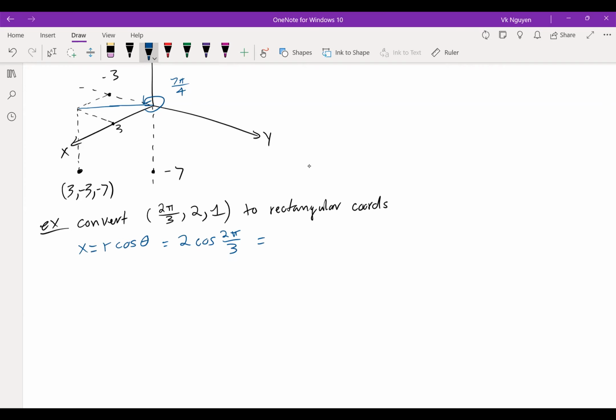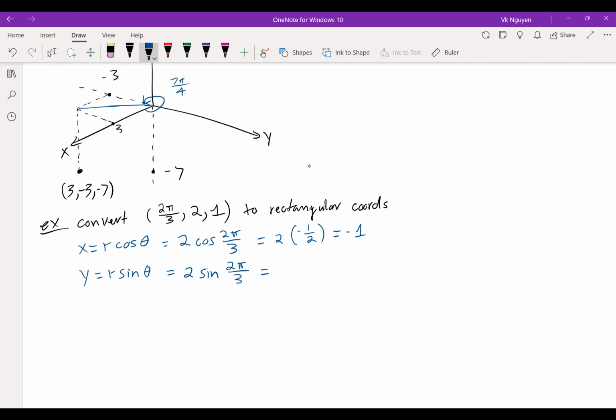And 2 cosine of 2 pi over 3 is 2 times negative 1 half, so it's -1. Y is r sine theta, 2 sine 2 pi over 3.